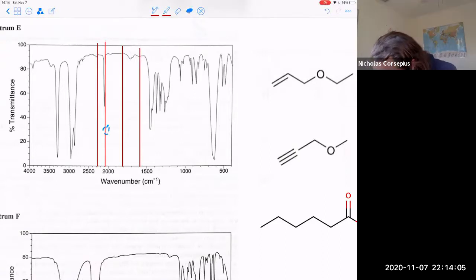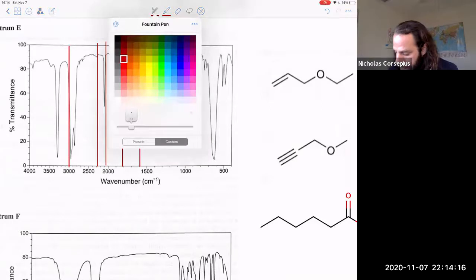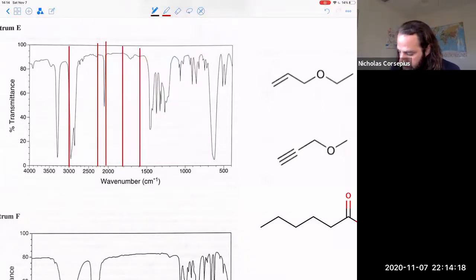Move this over just because it's kind of hard to see. And then again, put down that marker at 3000. Okay, so here I don't see anything in this double bond region. I guess I got that guy there, but it's pretty weak. So I'm going to try to ignore that unless that's absolutely necessary. Can't figure it out besides that.